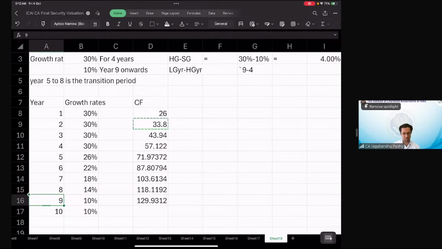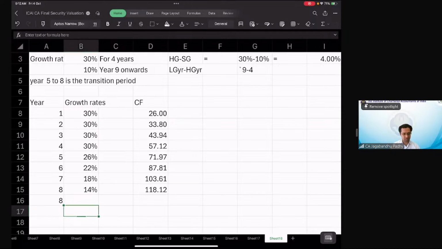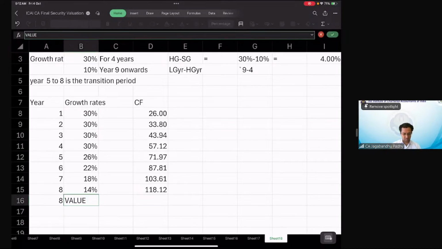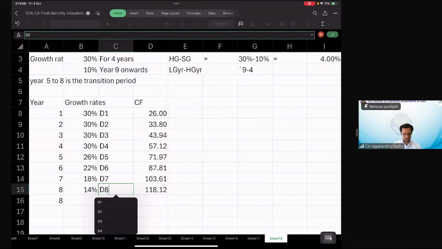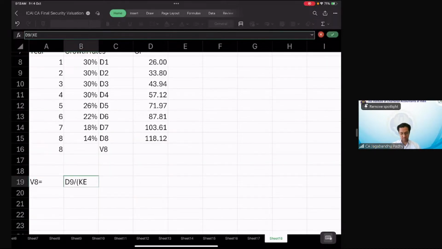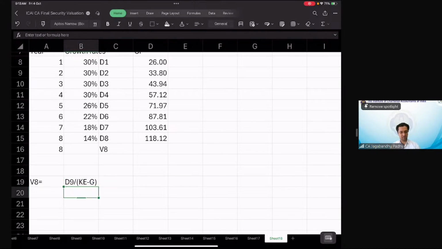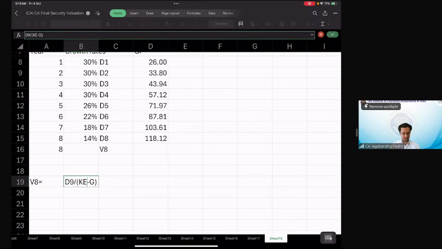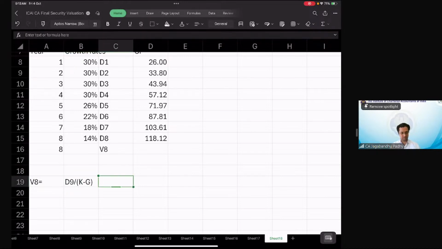And then we know that up to 8th year, we want this to be D8. Now we need value in year 9. Now how do we get the value in year 9? K minus G. Correct, guys?